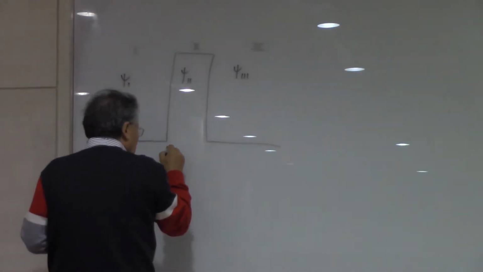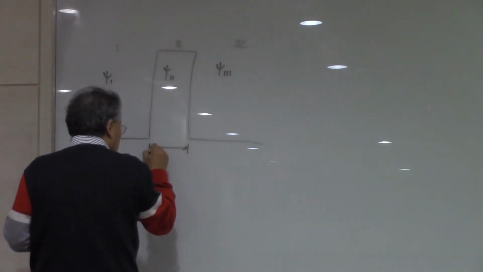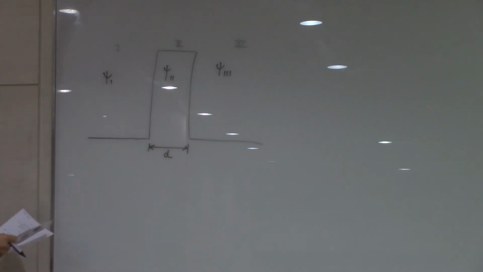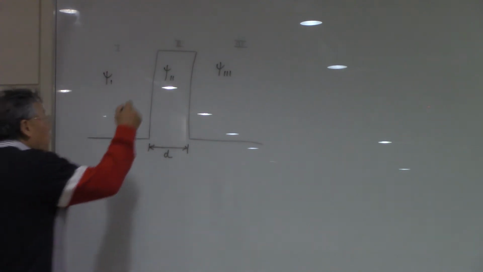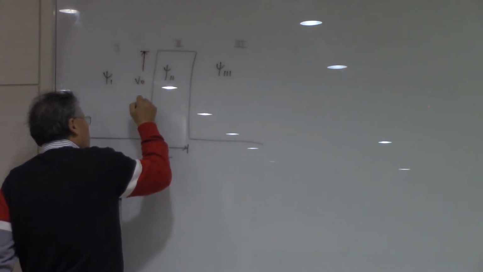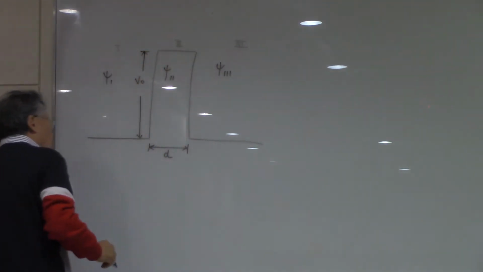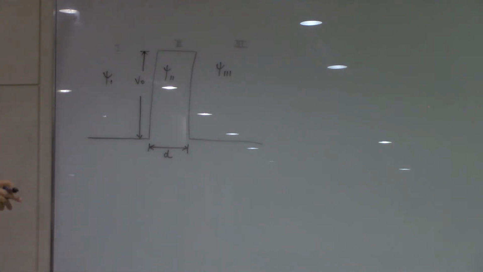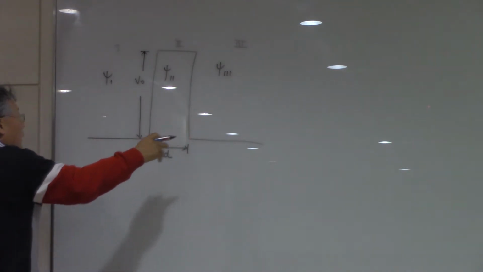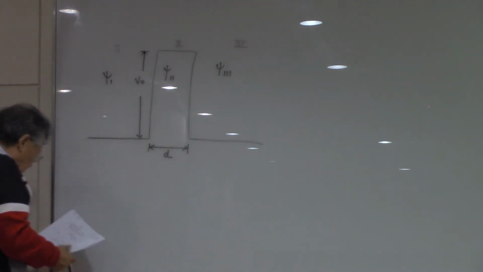And the thickness of this is d. First, the barrier height here is V naught. And the electron, tunneling and passing through this barrier, has energy E, okay?